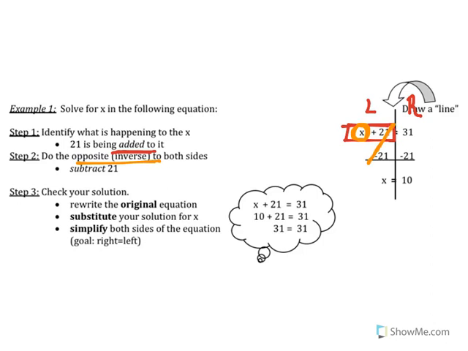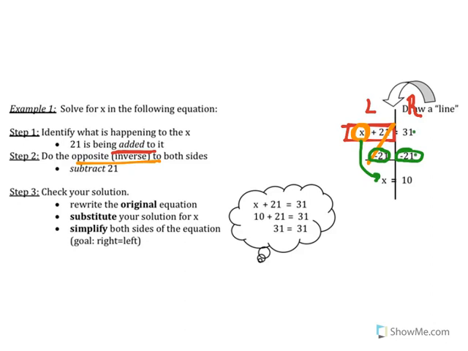But if I only subtract 21 from the left-hand side, then my equation isn't balanced anymore. So you'll notice that I subtract 21 on the left, I also subtract 21 on the right. And when I do that on the left-hand side, I'm left with X, and on the right-hand side, I'm left with 10 because 31 minus 21 is 10.